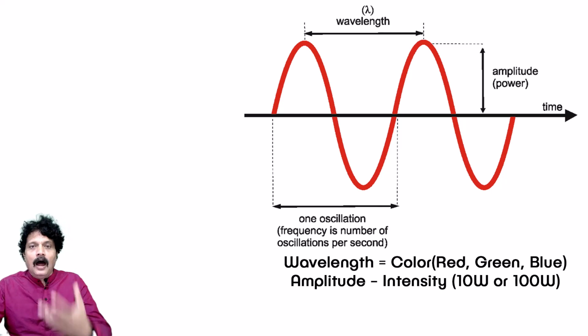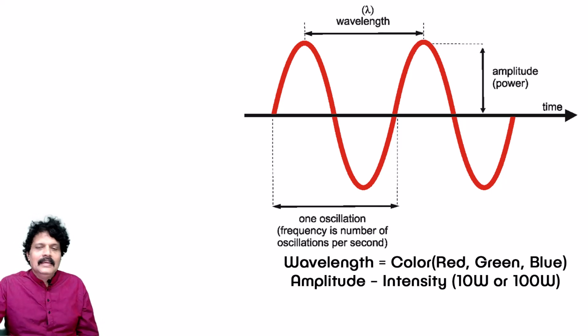So if it is 100 watts, it appears to us as white. If it is 0 watts, it appears to our eye as black. This we call the amplitude. So our eye recognizes what the amplitude of light is at every point of your screen.